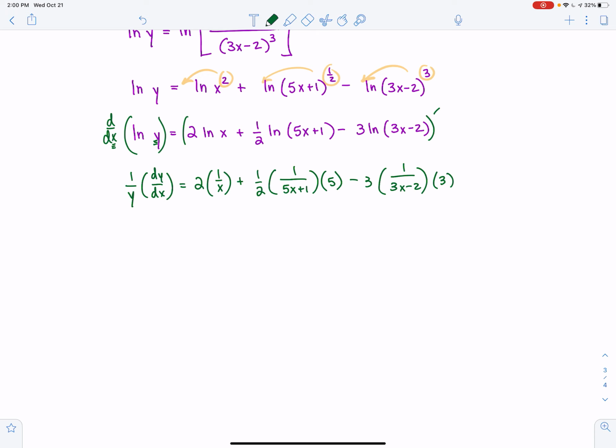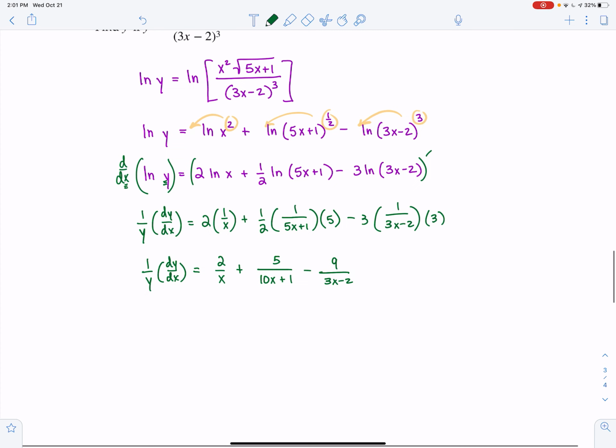So now I have 1 over y times dy dx is equal to 2 over x plus 5 over 10x plus 1 minus 9 over 3x minus 2.